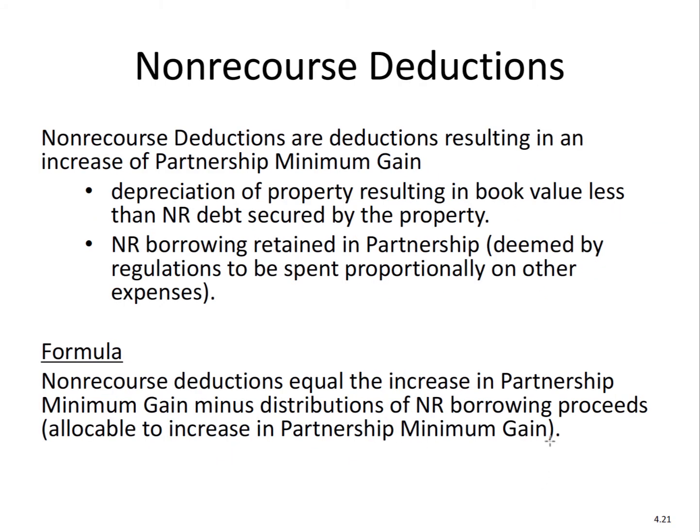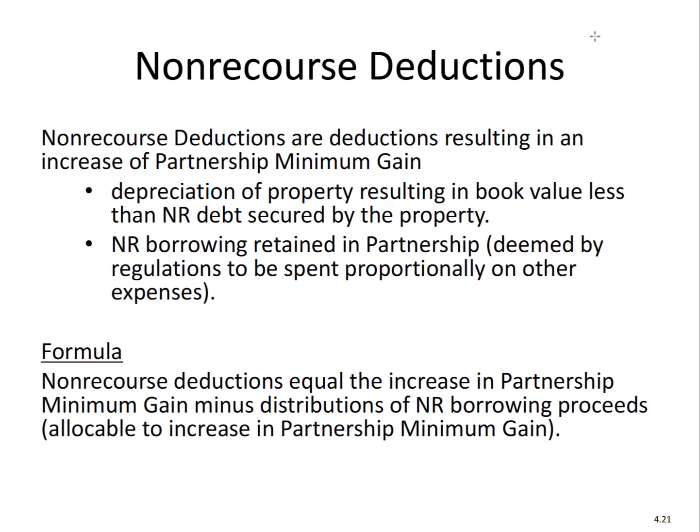Okay. So, I know I mentioned earlier that non-recourse deductions, the main time when the simple way to know you have a non-recourse deduction, again, is when you have deductions that are attributable to non-recourse debt for property that are cost recovery deductions.